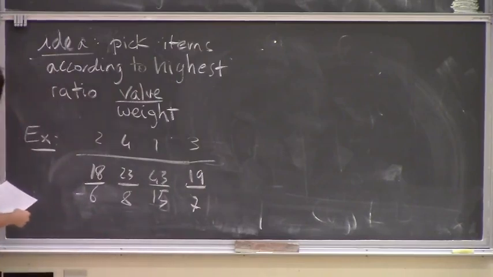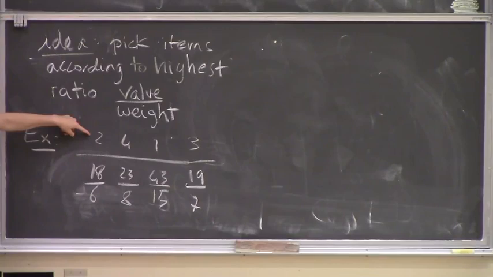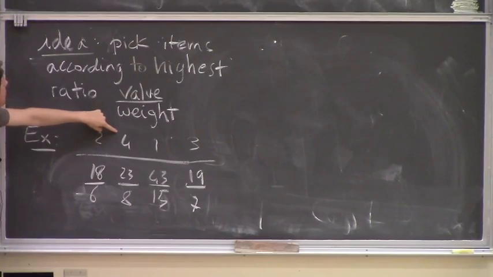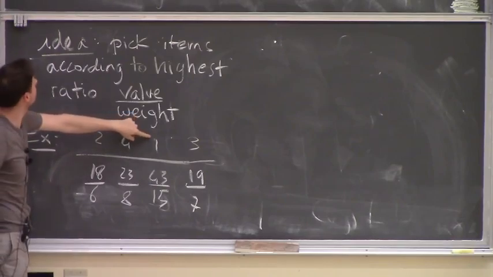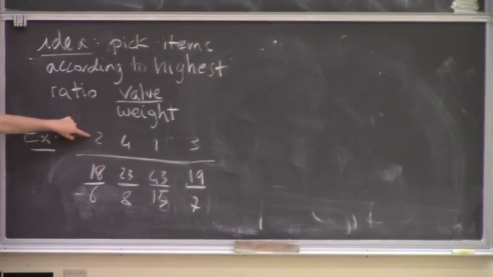All right, so if we go in this order, we want to pick them up until we can't. Starting with 2, we start out with 6 units of weight.